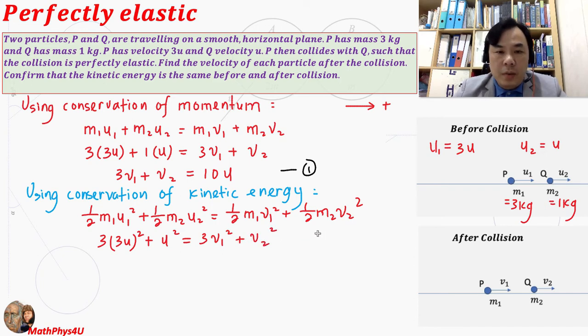Okay, that's what we have. Then we're going to rearrange this correctly. So in this case, we can rewrite it as 3v1 square plus v2 square equal to 28u square.